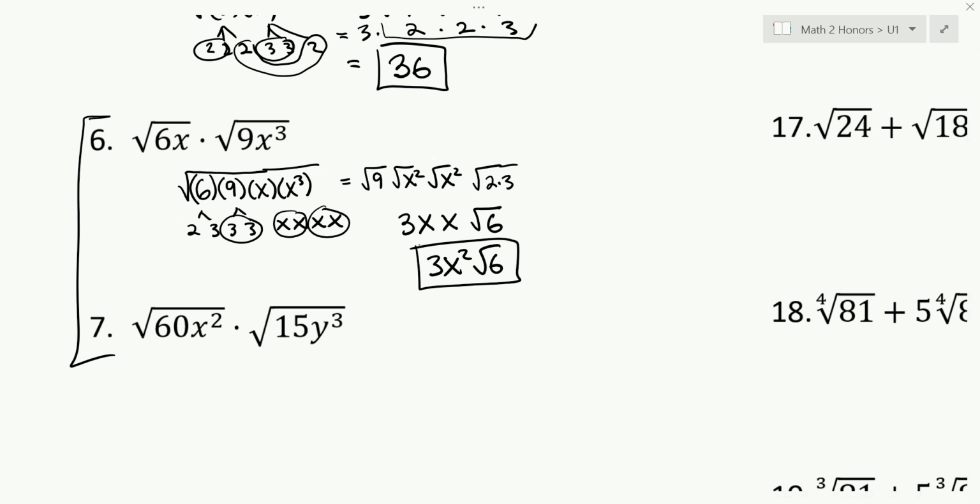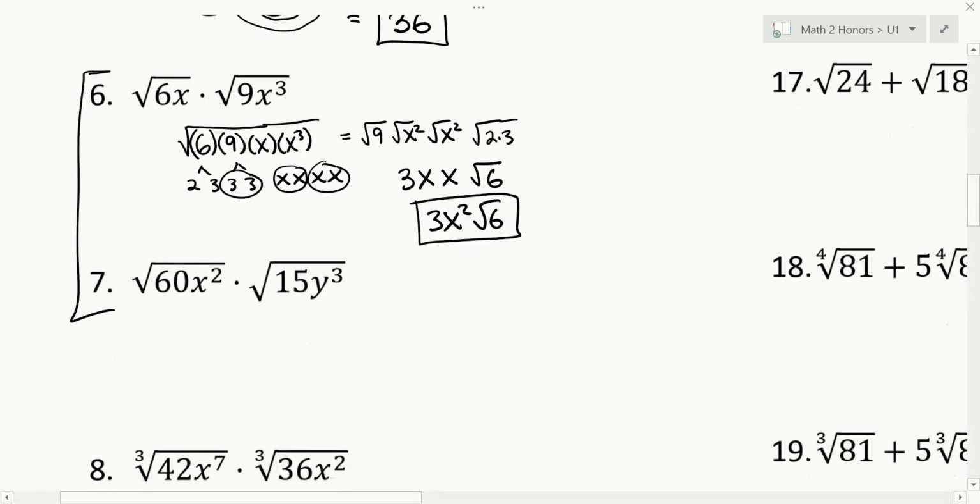Number 7, same idea. 60 times 15. Numbers are getting a little bit bigger here. You could multiply that out, but you may not want to. x squared and y to the third.